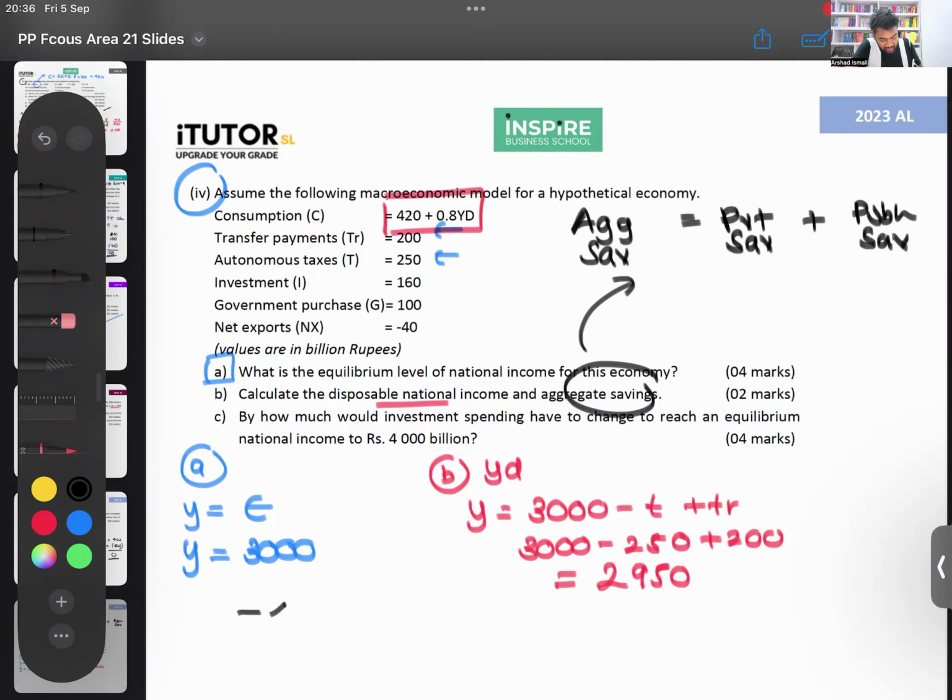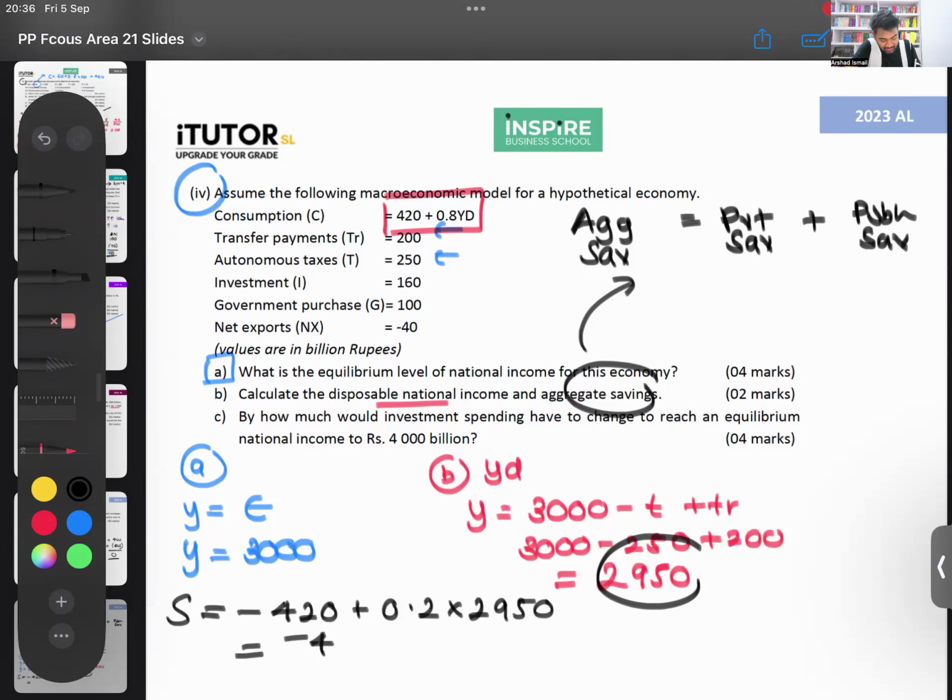Consumption is 420 plus 0.2 YD. Savings will be minus 420 plus 0.2 YD. How much is the YD? I'm trying to calculate private savings. YD is what we calculated in part B, 2,950. So when you simplify this, how much do you get?